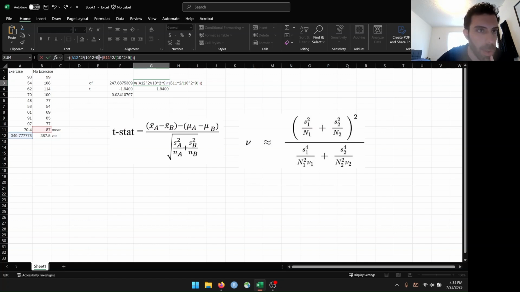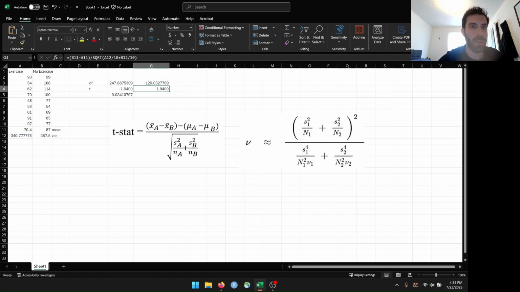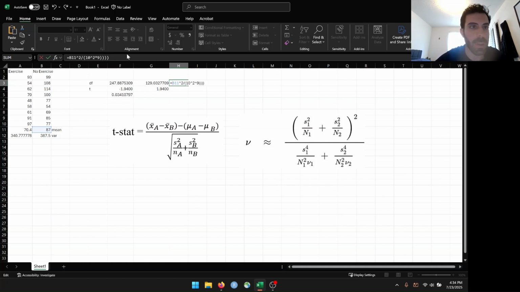That all looks right, but let's break it into more pieces just to be safe. Okay, so here I get 129, and then here I get, and I'm seeing this is going to be about 1.8 because this is going to be 129 too.